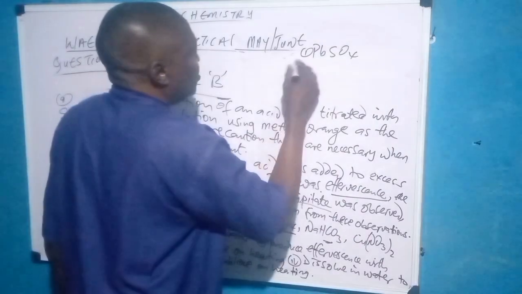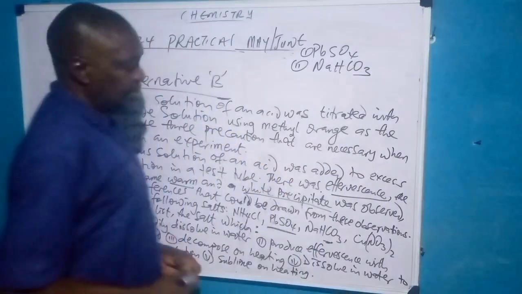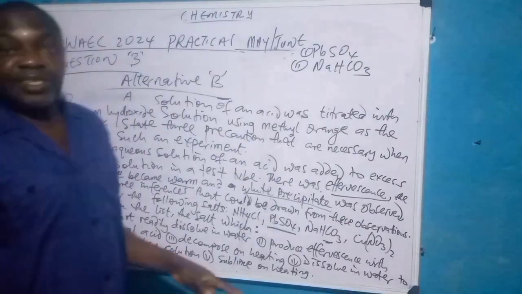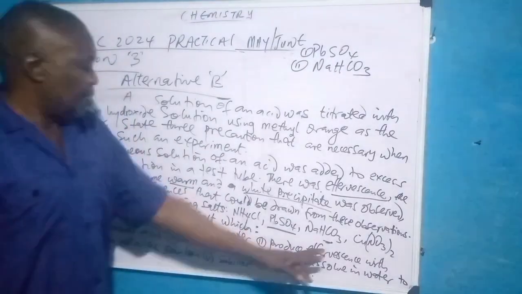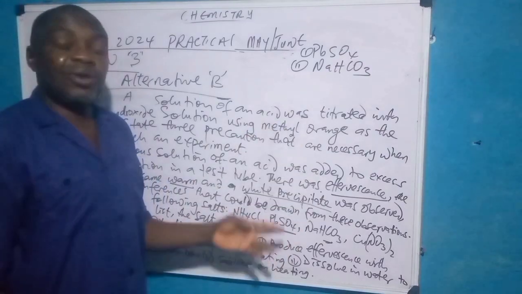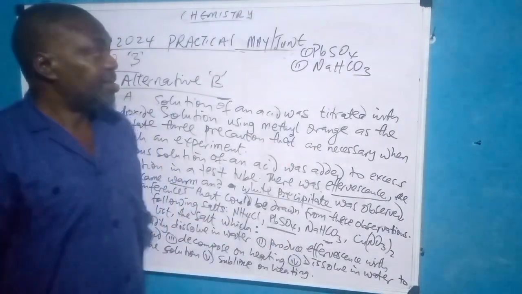So Roman figure 2 is NaHCO3. When it decomposes, it produces that effervescence. And that gas that is released during effervescence is carbon dioxide, CO2, with dilute mineral acid. It's either you heat it to produce it, or with dilute mineral acid such as HCl, it will liberate carbon dioxide.